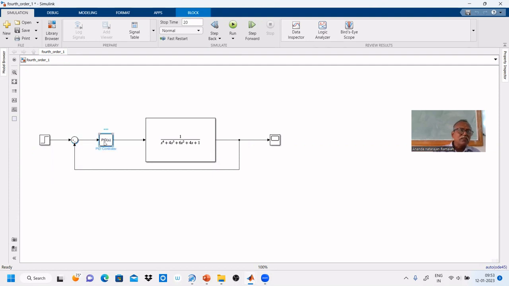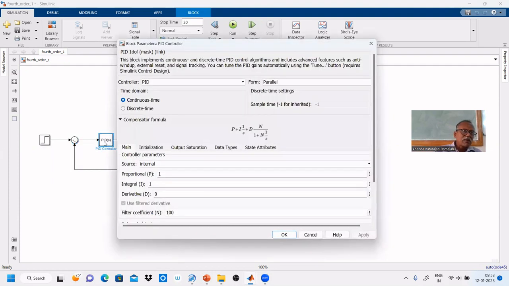Now we have to enter the tuning parameters. Proportional default value is 1. Let us do first for P only controller. What is the tuning parameter? 2.33. Okay.